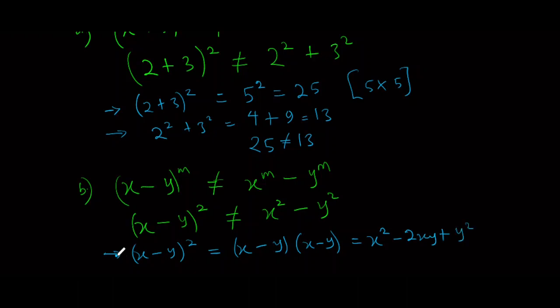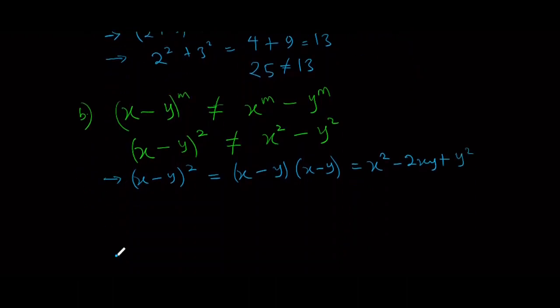But on the right hand side, we are having x square minus y square. So the left hand side is not equal to the right hand side.